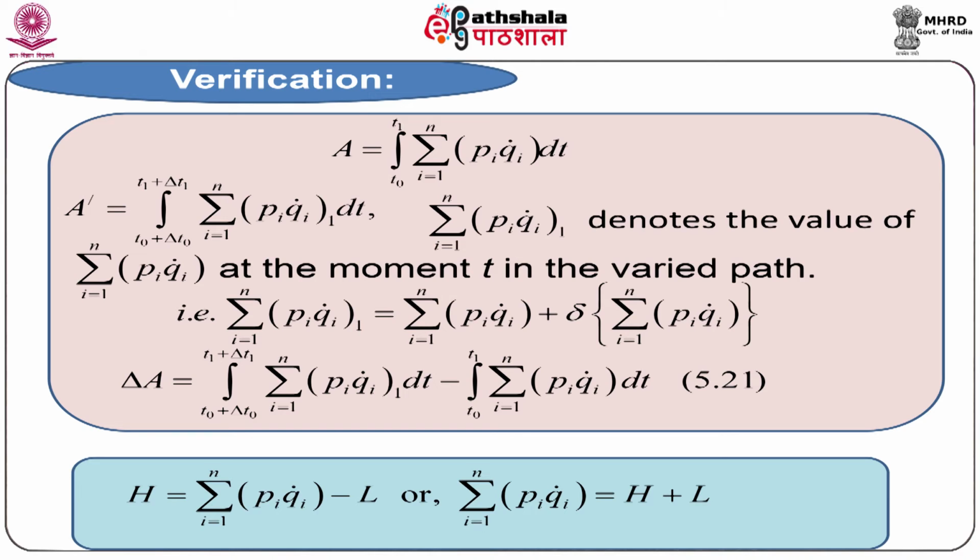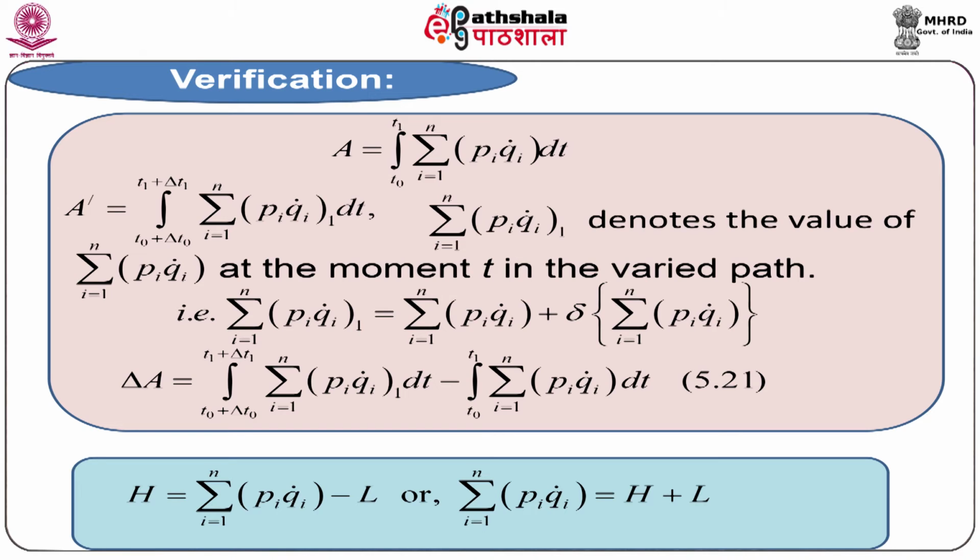Now, delta A equal to integration T0 plus delta T0 to T1 plus delta T1 summation i equal to 1 to n pi qi dot 1 dt minus integration T0 to T1 summation over i equal to 1 to n pi qi dot dt.